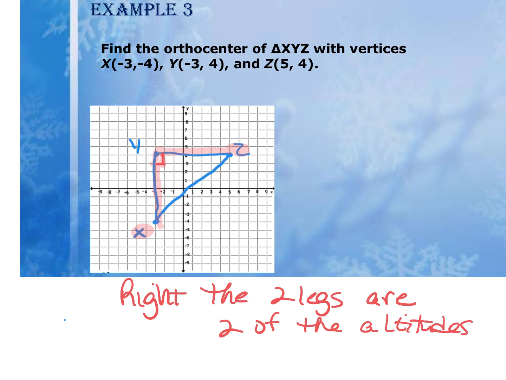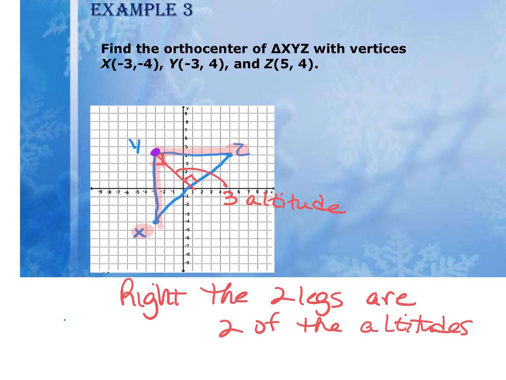The 3rd one, again, is going to come out of the vertex Y, and then it's going to go down to the side across. And again, it doesn't have to hit at the midpoint. So I'm just going to draw a perpendicular segment out, and this would be your third altitude. Notice all three altitudes are meeting at point Y.